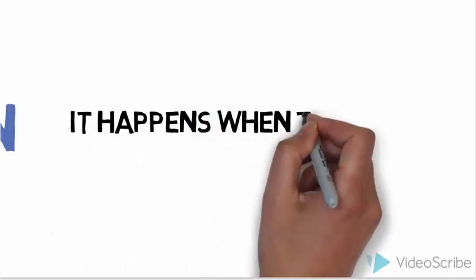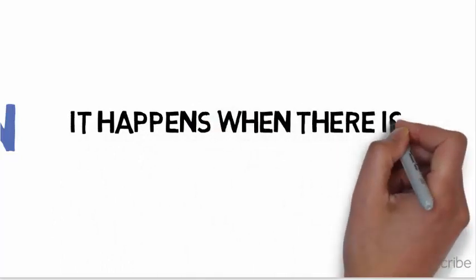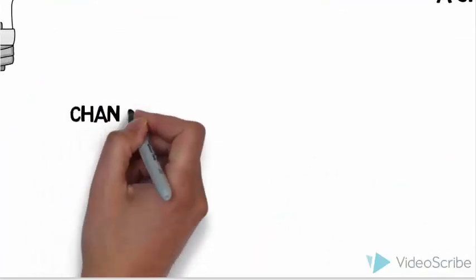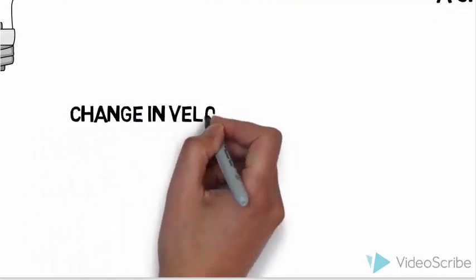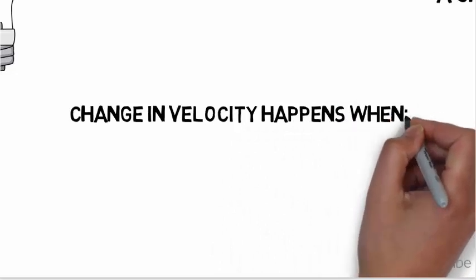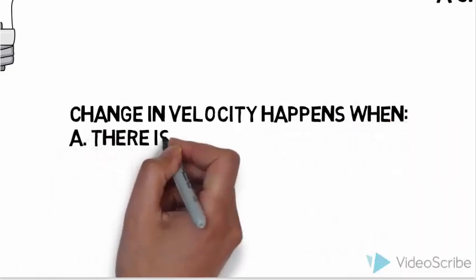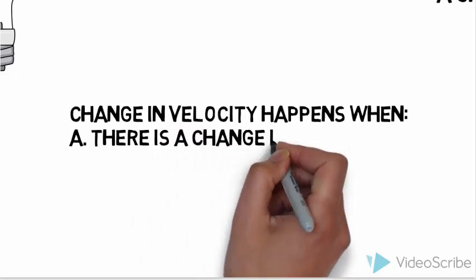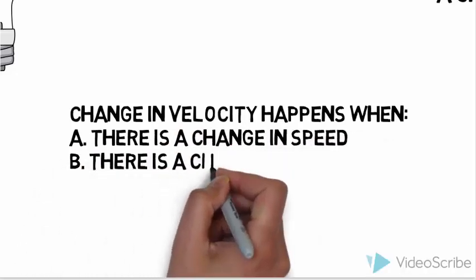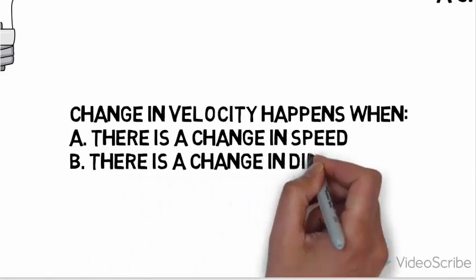Acceleration happens when there is a change in velocity. And what contributes to the different changes in velocity? Change in velocity happens when A, there is a change in speed, or B, there is a change in direction. Let us focus on the first.